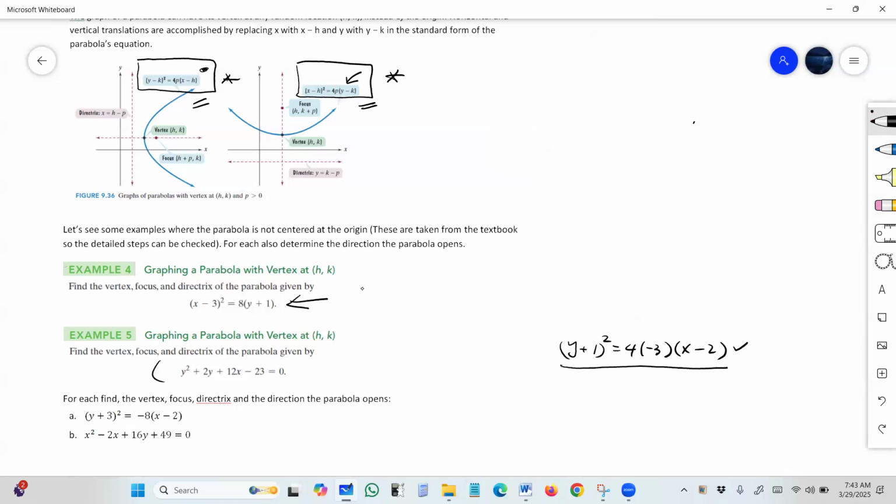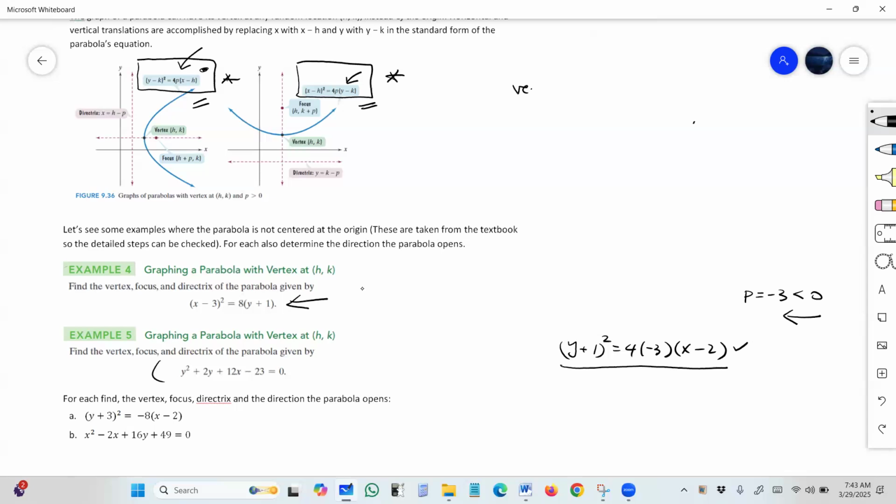So I know that I have to identify this equation now. This is the one that has the y squared, which is this format. So this parabola is going to open right or left. My p is -3, which is less than 0. So this is going to open left. All right.